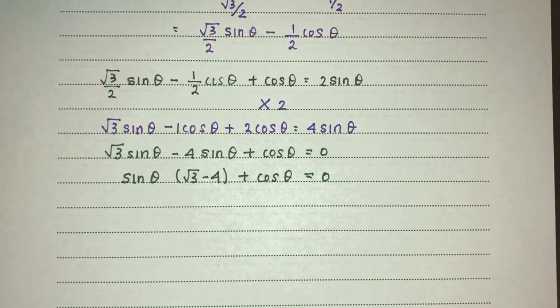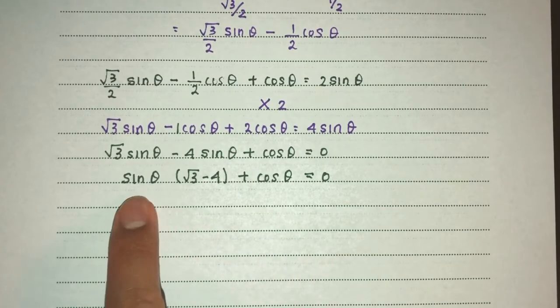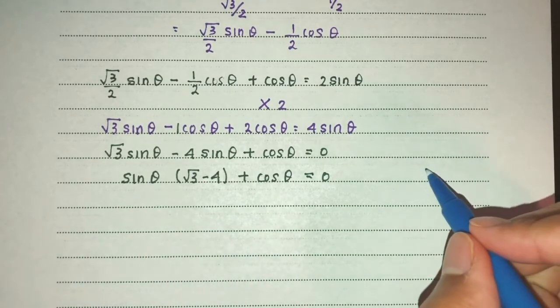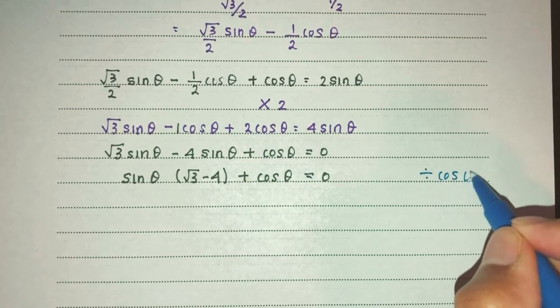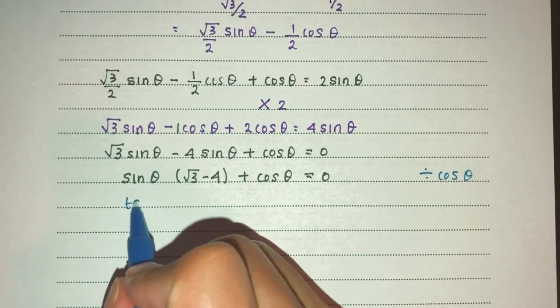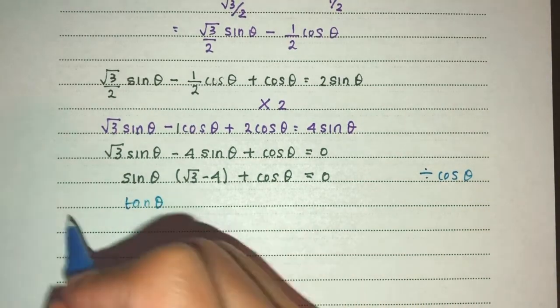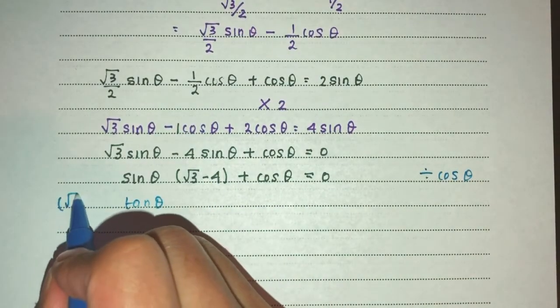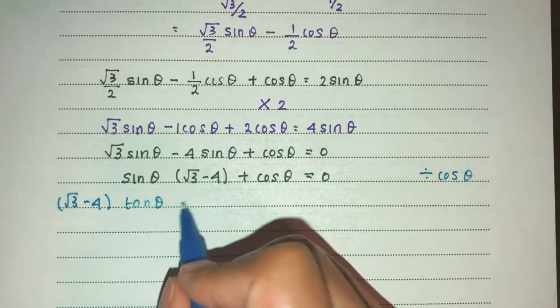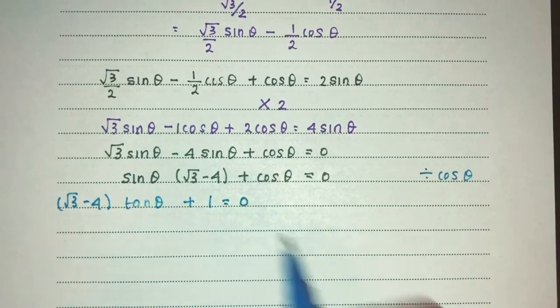Now, whenever you have an expression with just sine and cos, you have to divide by cos everywhere. So you will have tan theta, and we bring this in front: (root 3 minus 4) tan theta plus 1 equal to 0.